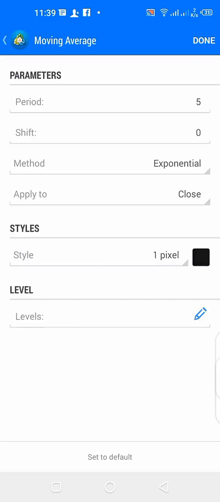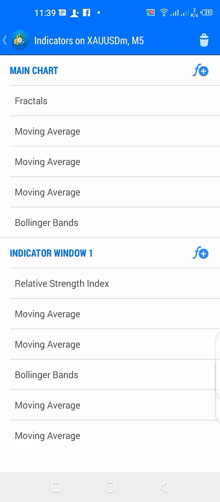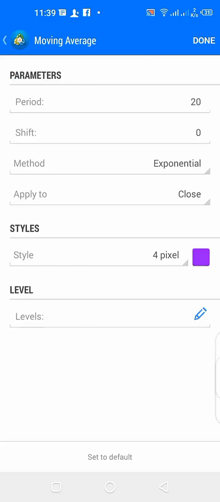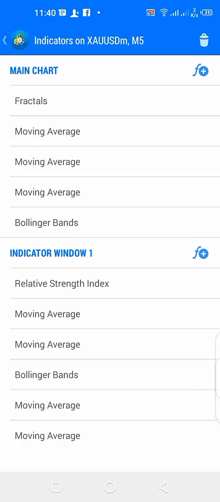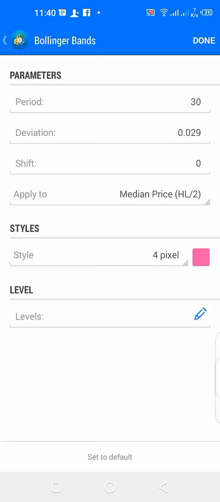Now you are looking at the settings for the indicators on the screen. Okay, you have fractals, you have 5 EMA, you have 20 EMA. For the 20 EMA, the color is purple. For the 30 period Bollinger Bands, deviation is 0.029.